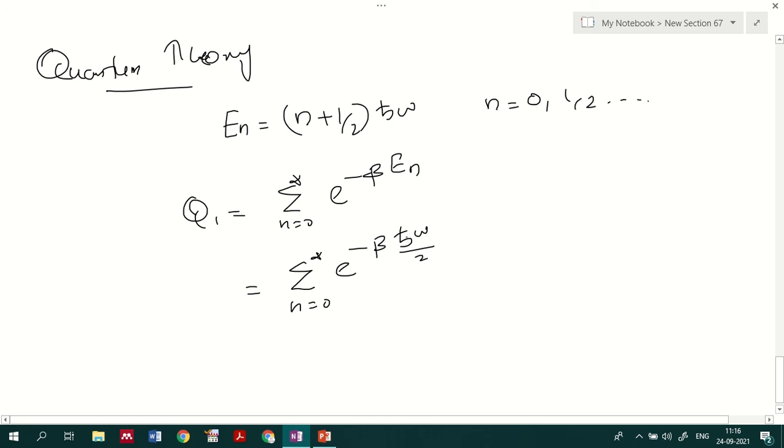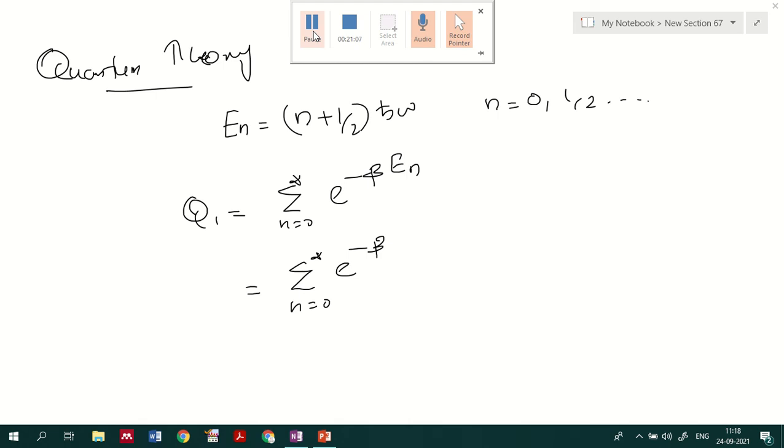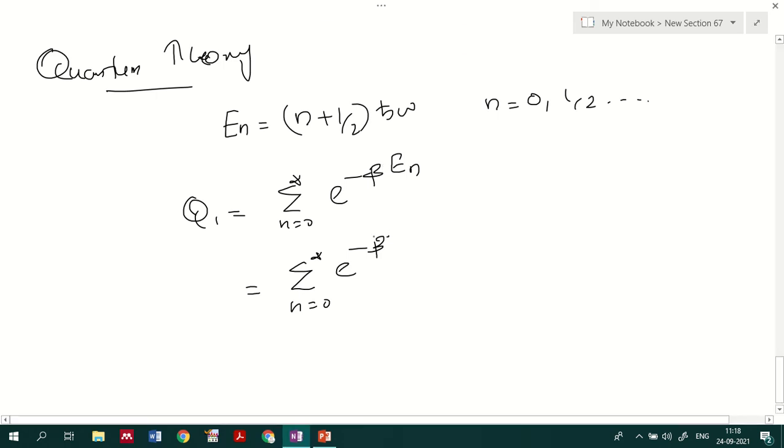Before coming to that, let me just write it out like this, because the energy we know that En is equal to n plus half h cross omega.